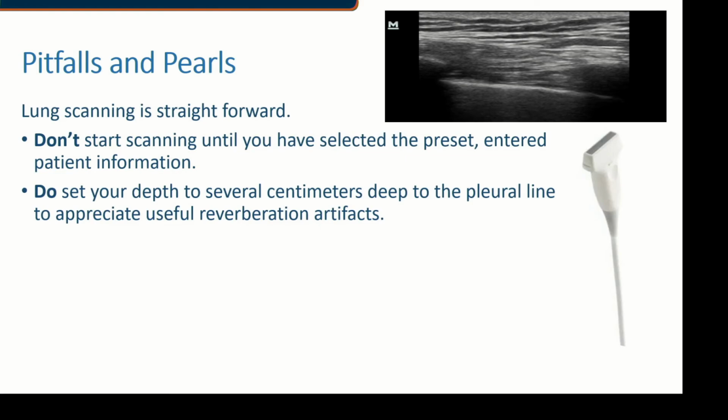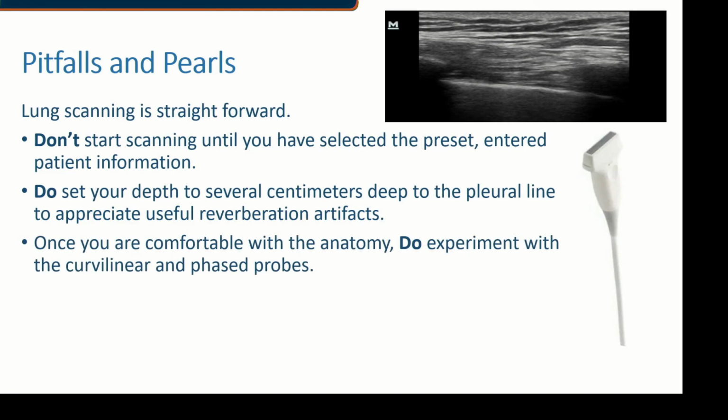So with the linear probe, probably just a few centimeters below. With the other probes, you may be a little bit deeper, but you still want to be able to appreciate those reverberation artifacts and learn about them well.